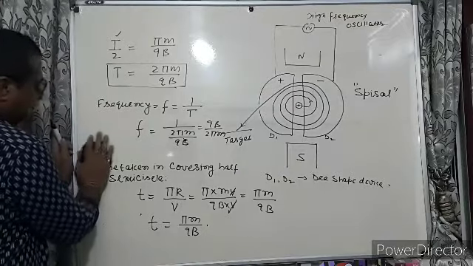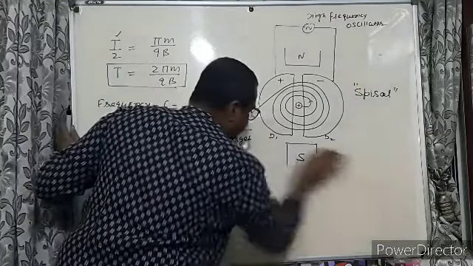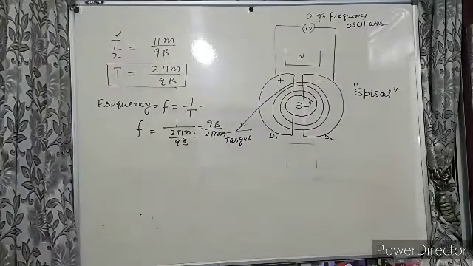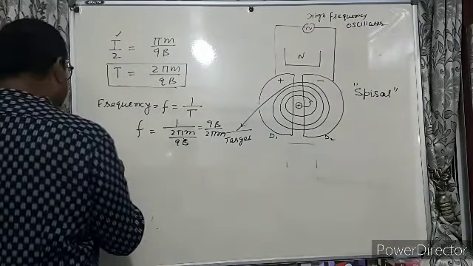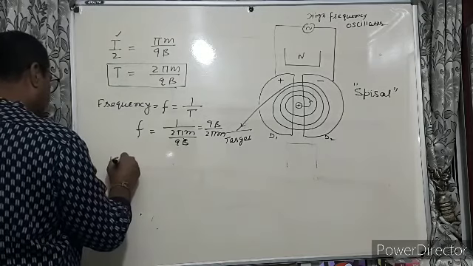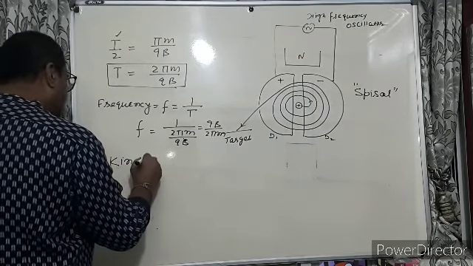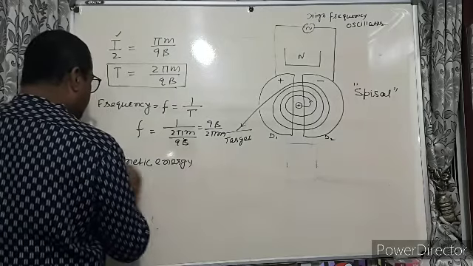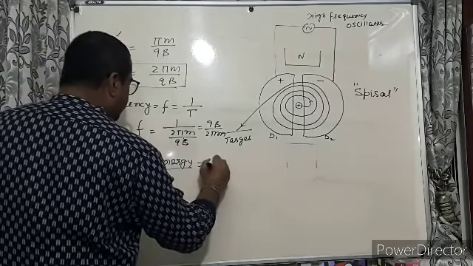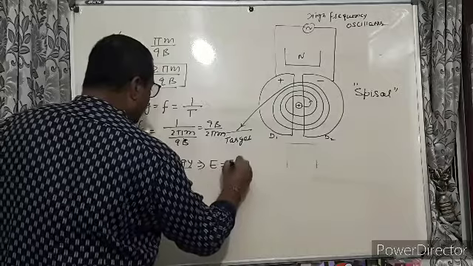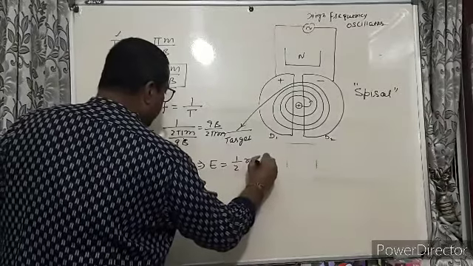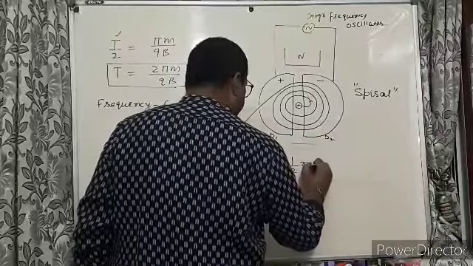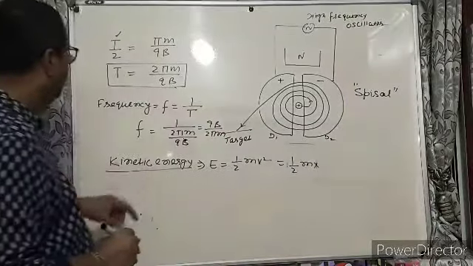And then we can find energy, kinetic energy. Kinetic energy E equal to half mv square, that is equal to half m v, v.